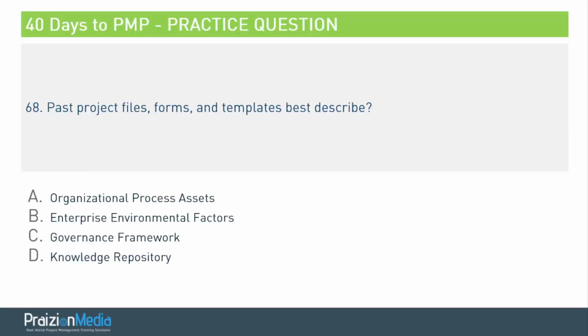Next one here says, past project files, forms, and templates best describes what? What does it best describe? Think about it for a few moments. I'll give you some time to think.